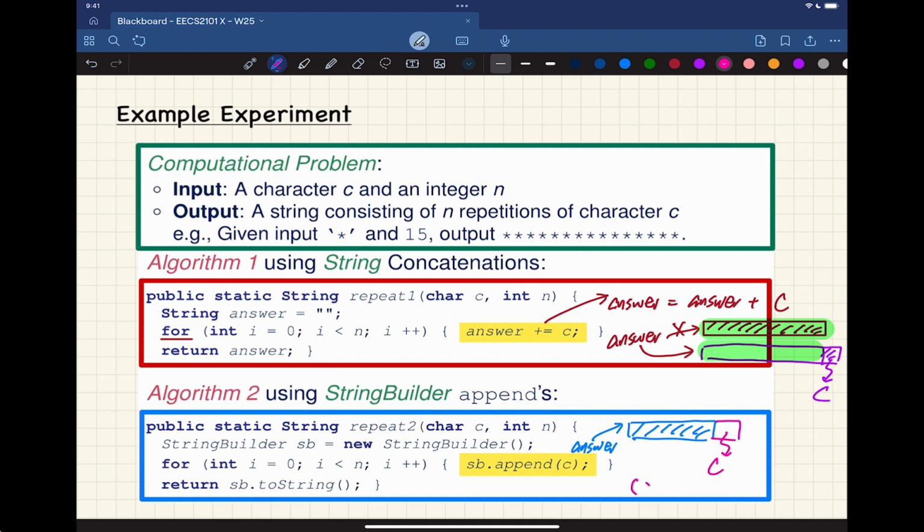They will have something called a doubling strategy to actually handle it. And that one turns out to take just a constant amount of time to really do it. So there will be nothing like you have to copy whatever you have got so far, which can be very big, to make the new string. Okay, so you don't need to do that. Again, we don't need to dive into details for the doubling strategy for now, but you can look it up. All right, having the intuition about these two, we know that the ultimate winner should be algorithm number 2. But let's see exactly how we can run the experiments, right? Let's see that.